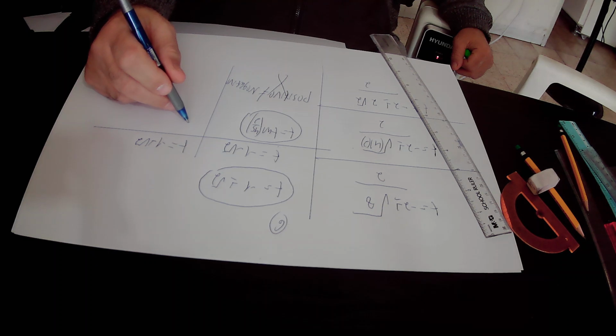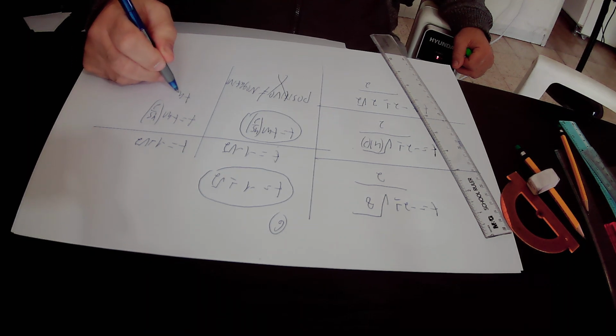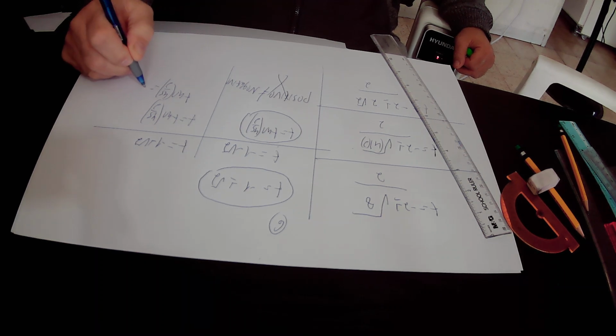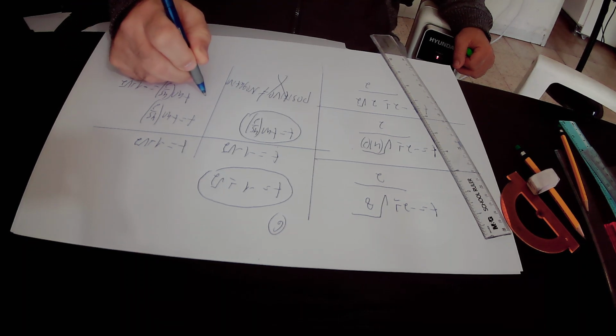Again, t equals tangent 45 over 2 degrees. So tangent 45 over 2 equals minus 1 plus square root of 2. This is according to equation number 2.